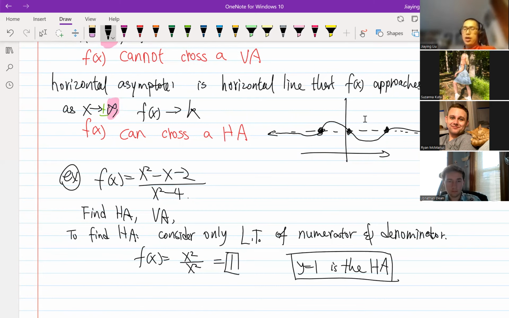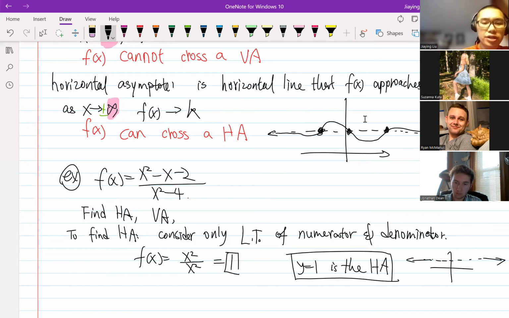What that says is that as x goes to infinity, the function is going to approach y equals 1. So y equals 1 is here. As x goes to infinity, the function basically becomes flat, approaching y equals 1. Same thing on the left side. So that's the horizontal asymptote.